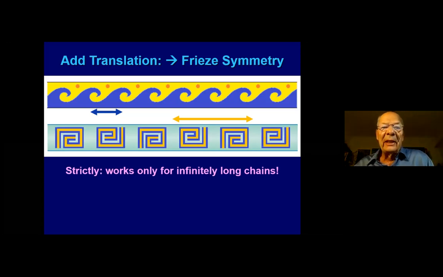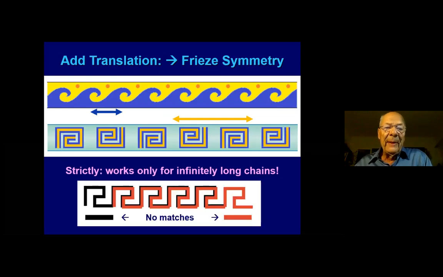But strictly speaking, this works only for infinitely long chains. If we have a chain that is only 5 elements long, as shown at the bottom, then there are unmatched elements exposed at the 2 ends if we shift the pattern by 1 unit.